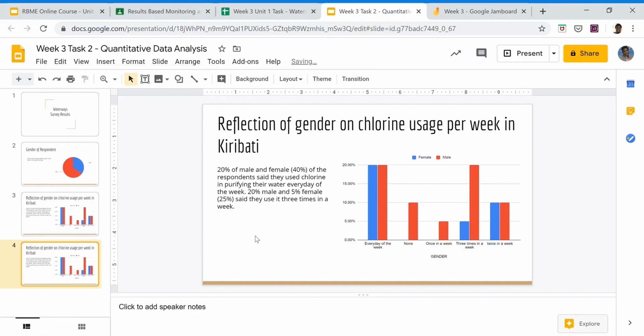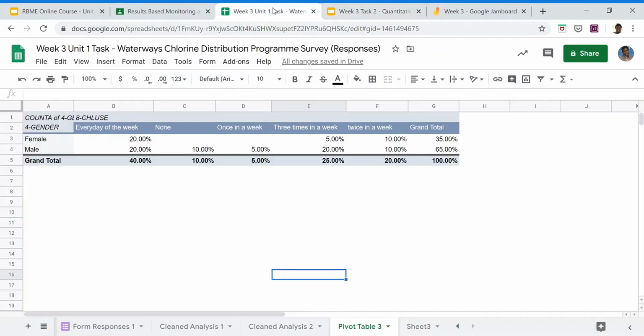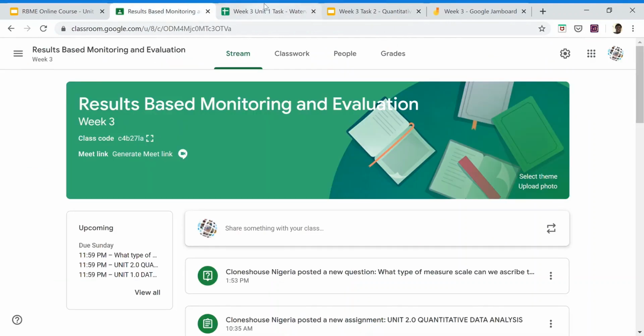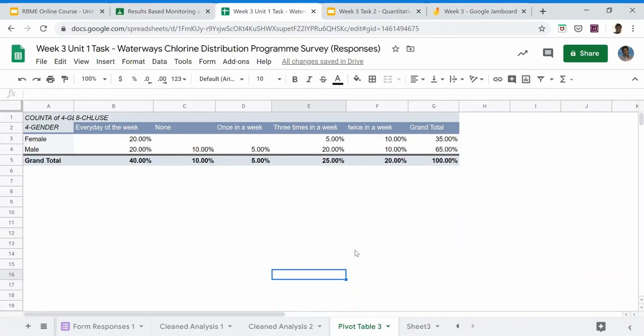Depending on the size of the data you've collected, if you have an instrument that has over 45 questions, then note that you'll be dealing with a whole lot of this analysis, and that's why analysis itself is work.